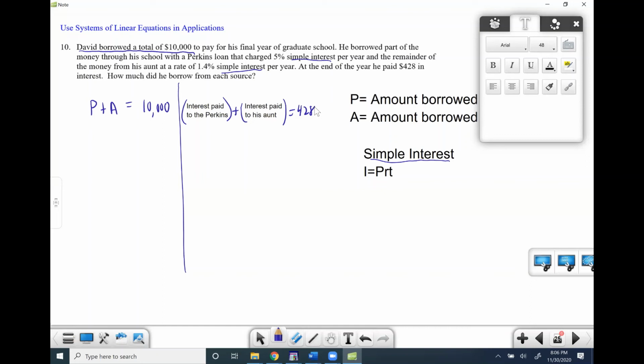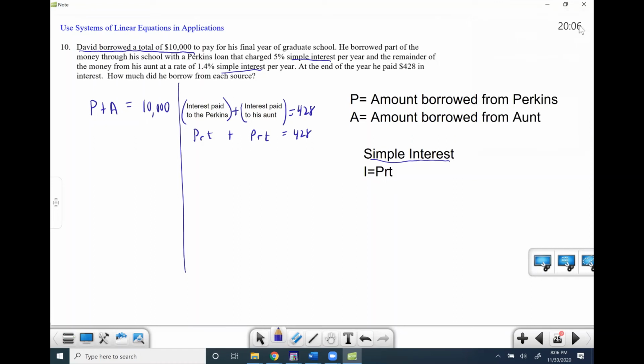but I know that. Now, so we have a formula for interest, right? PRT. So this is going to be PRT, and this is going to be PRT. You just have to figure out what the P, the R's, and the T's are for each one. So the principal, the original amount borrowed for the Perkins, well, that's just P. We don't know exactly what it is, but we've let it be the variable P. What is the rate, you guys, for the Perkins?